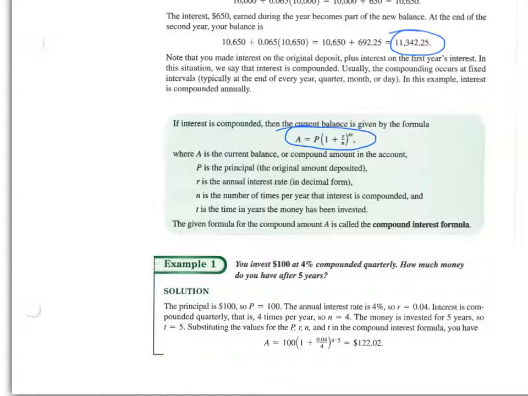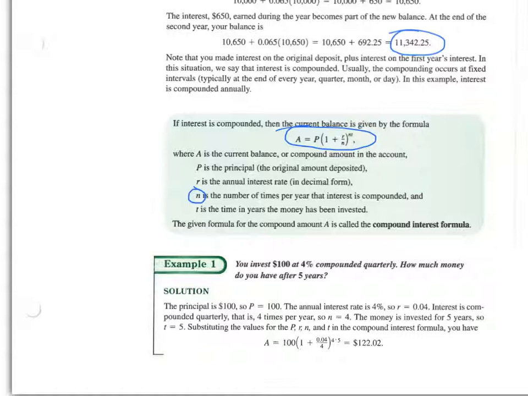P is the principal amount, the first amount we deposit. The 1 is there because our growth factor is 1 plus something. R is our interest rate, and N, which appears in 2 spots in the formula, is how many times it gets compounded per year.